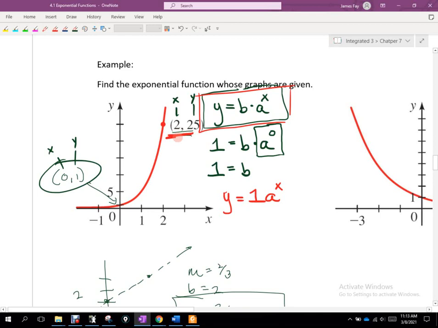Now, here's another ordered pair, right? Y is 25, so I'm going to replace this here with 25. Okay. A, so this 1, do I really have to write that 1 as I do this problem? It's just a coefficient 1, you don't need it. So then A, and now x is going to be this number here. It's going to be 2. How would I solve for A now?